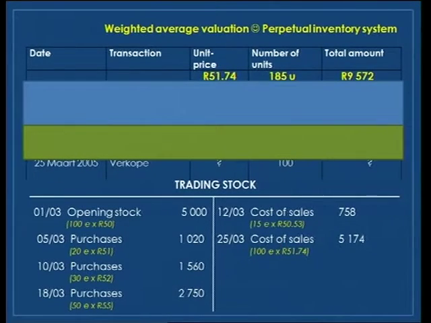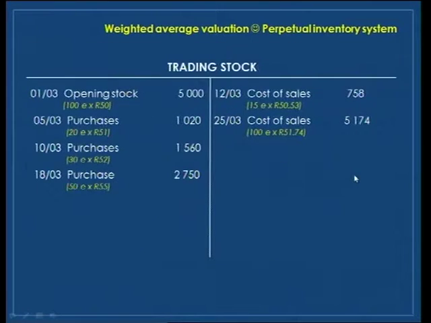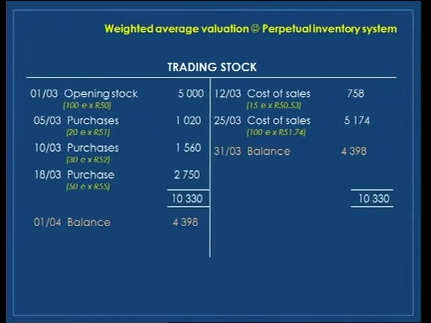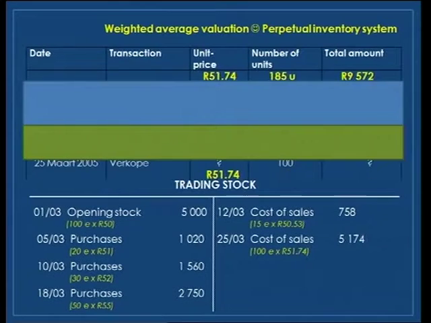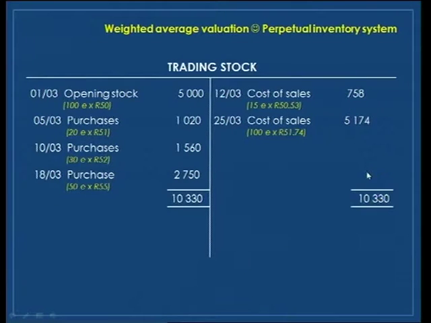So only now, after I've done this, that's the units that we still have left over, 85 units at 51,74, and only now I can calculate the value of my closing stock.